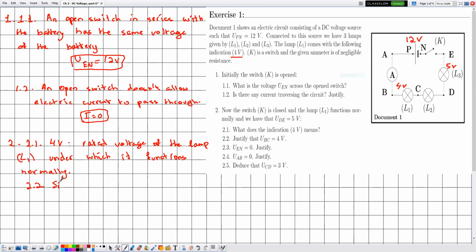Then let's say, since the lamp L1 is functioning normally, then the applied voltage is equal to the rated voltage. So in this case we have that UBC is equal to 4 volts.